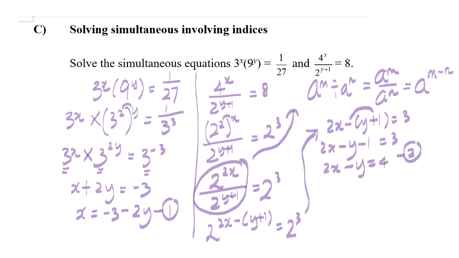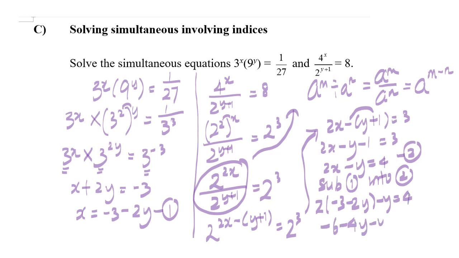Alright, so I'm going to substitute equation 1 into 2. So that will give me 2 bracket negative 3 minus 2y, minus y equals 4. Negative 6 minus 4y minus y equals 4. Negative 5y equals 10.